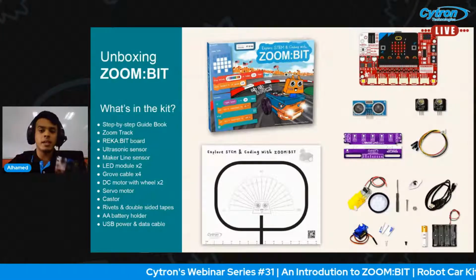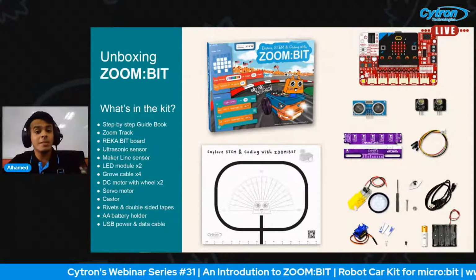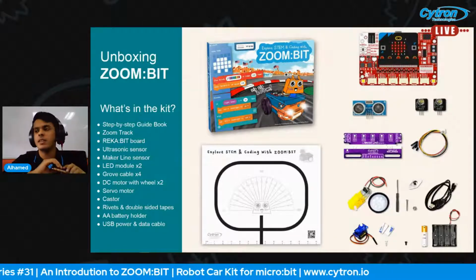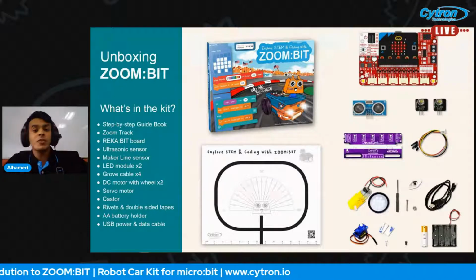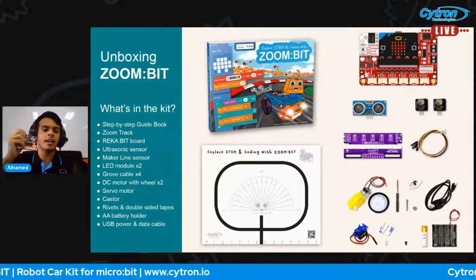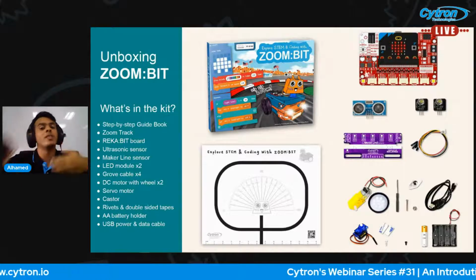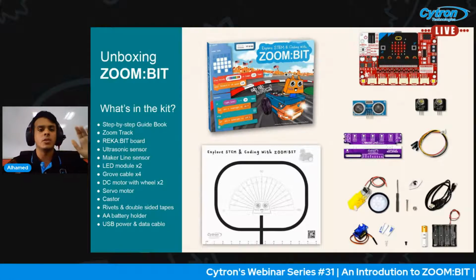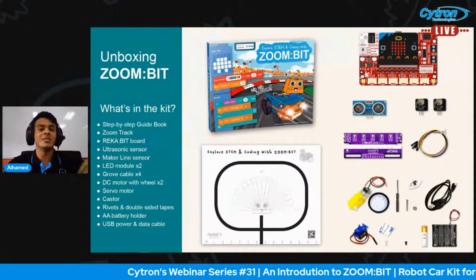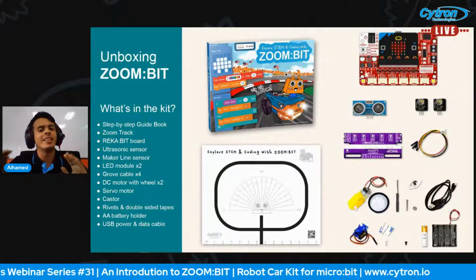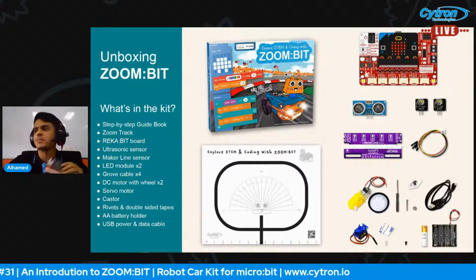Don't worry, guys, we will talk more about Rekabit later on once we reach the hardware section. And for your information, this kit actually comes either with or without microbit, so it's up to you. If you have your own microbit already, you may go with the ZoomBit kit that doesn't have microbit.